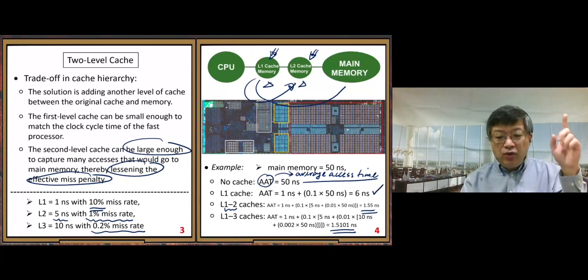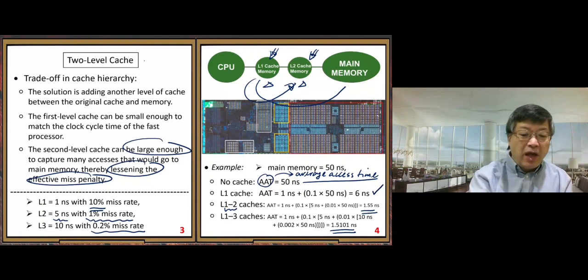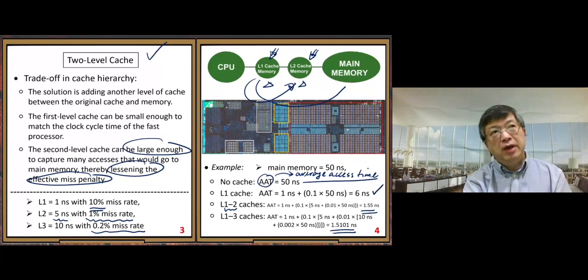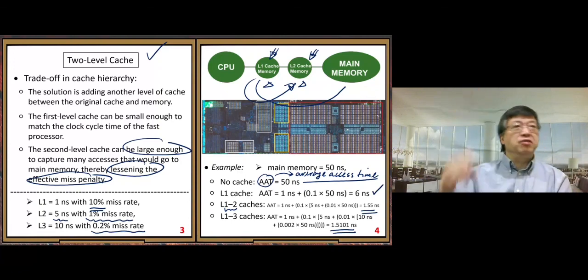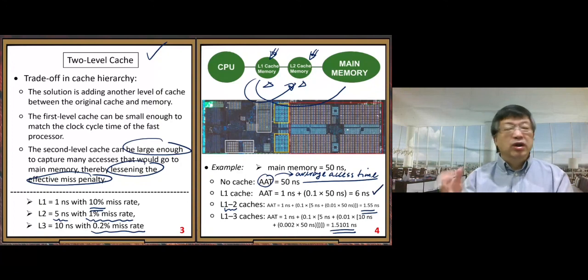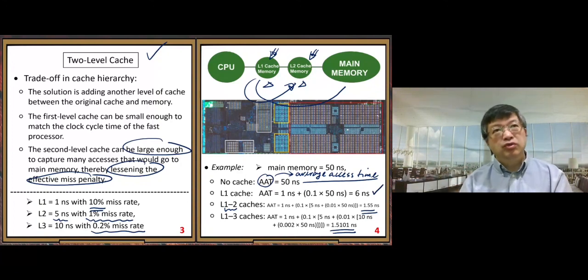So that's another reason two-level cache is most popular. The three-level cache is only for big systems. What I mean is, two-level is most popular for our usual systems. It's already very good.